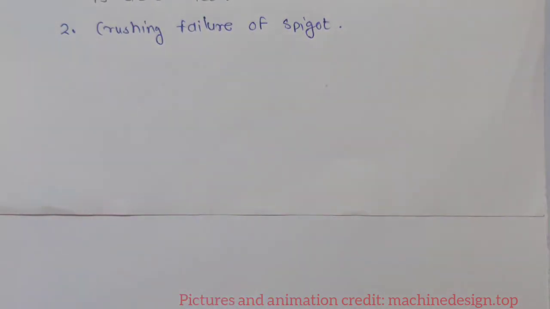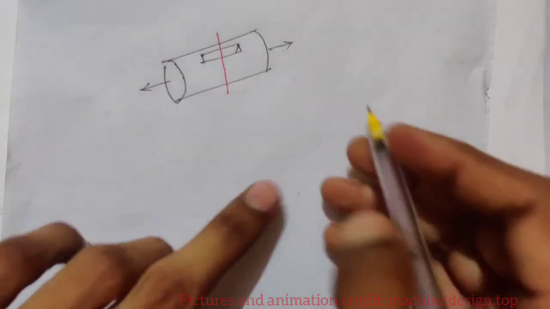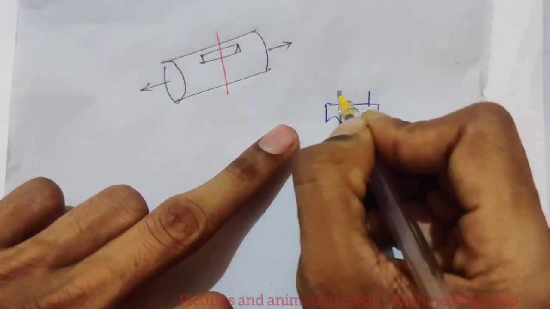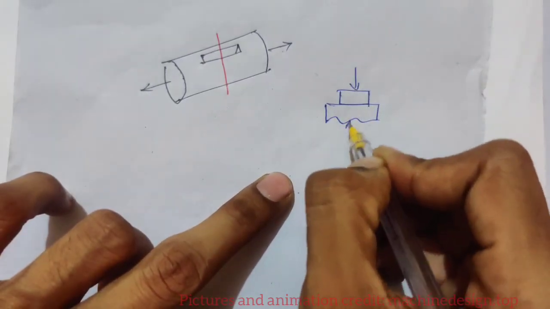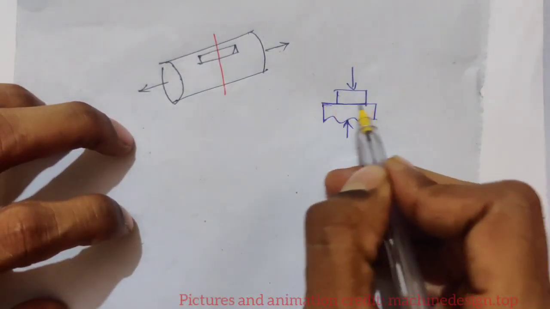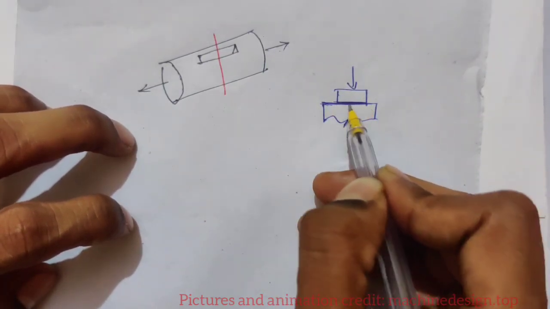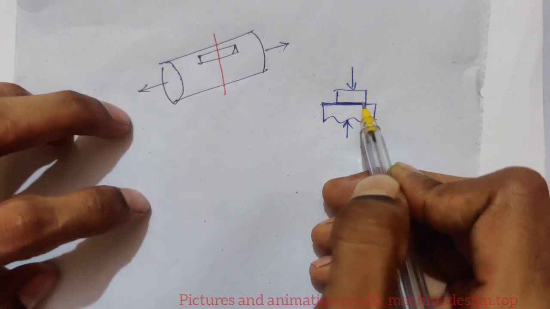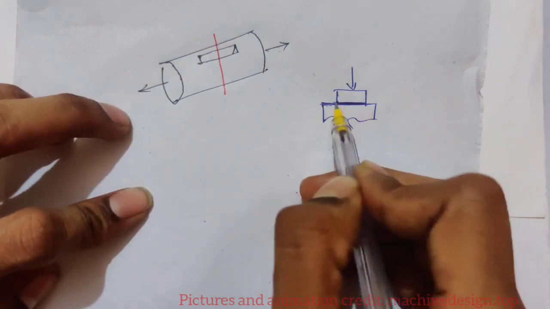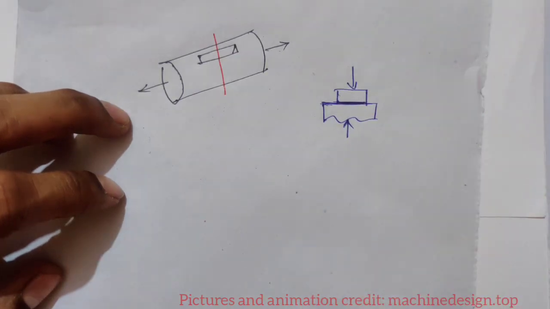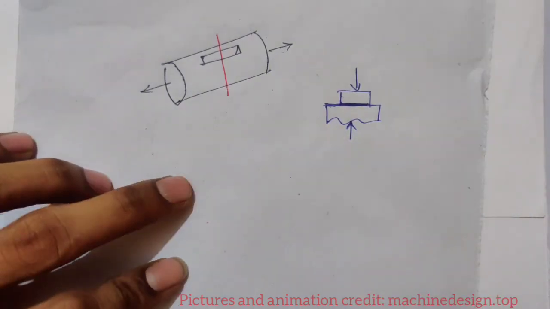First I will explain the difference between crushing and bearing. Now assume that two parts are in contact. There are two parts in contact, so there is contact stress between them. This contact we call crushing, if the two parts are in contact but without relative motion between them.